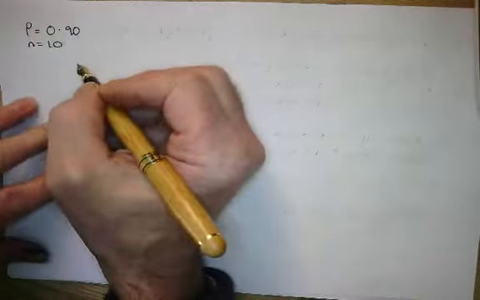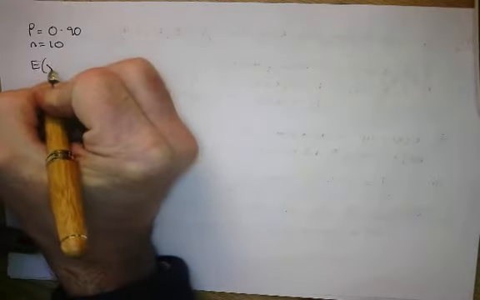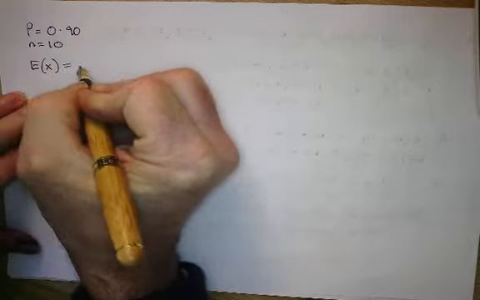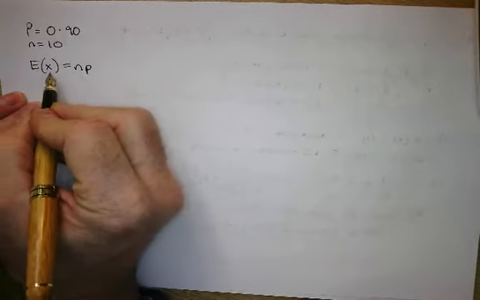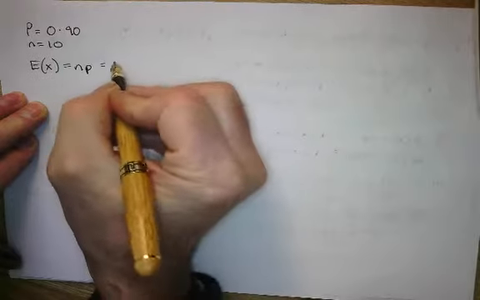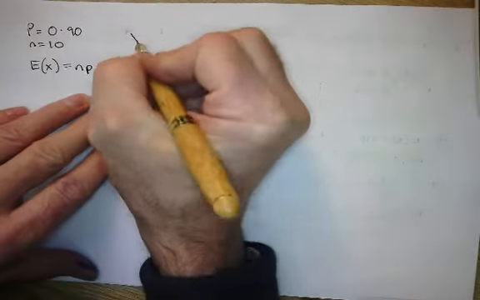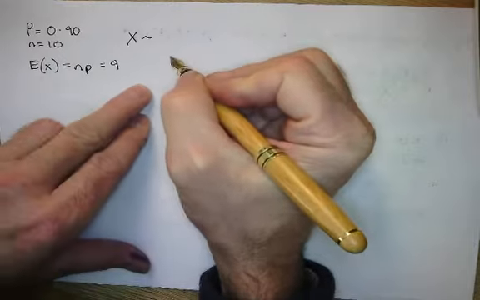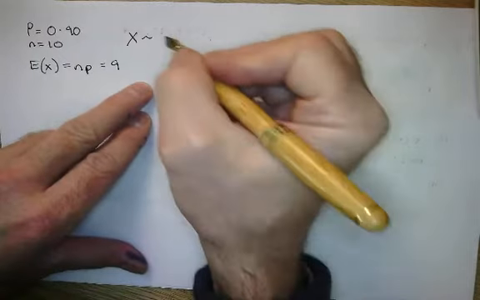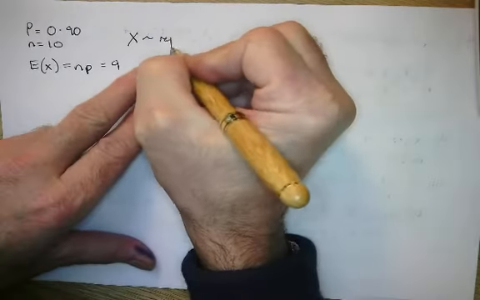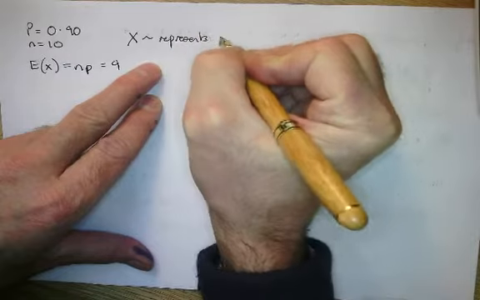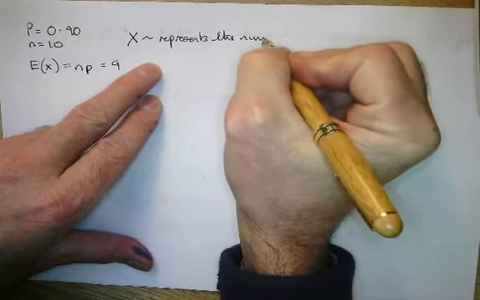Okay, that's really nice. The expected value of x is np. So we expect 9 to germinate. Now let's just see, x represents the number of seeds that will germinate.